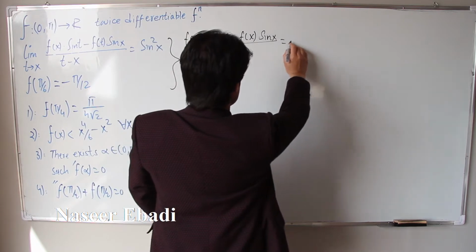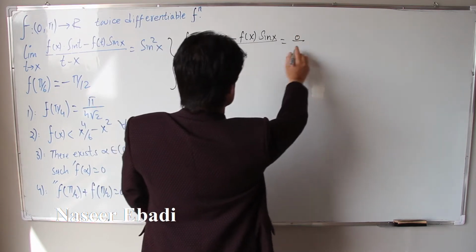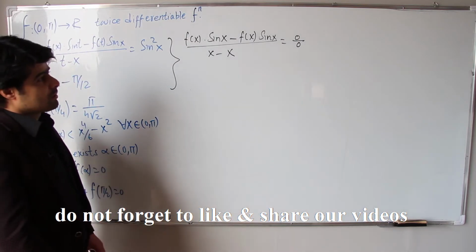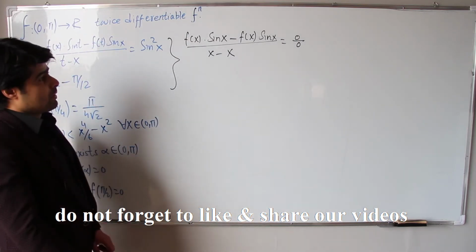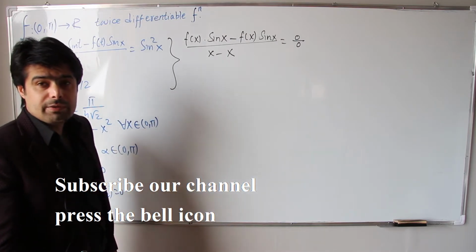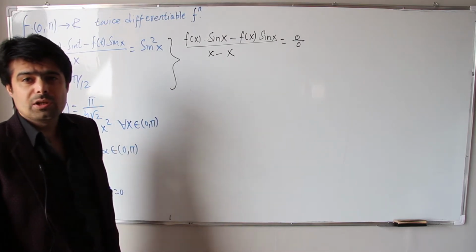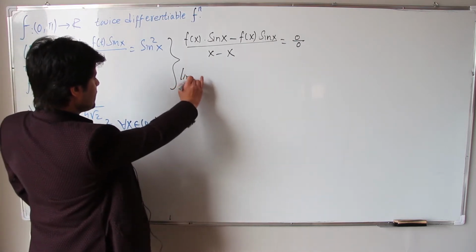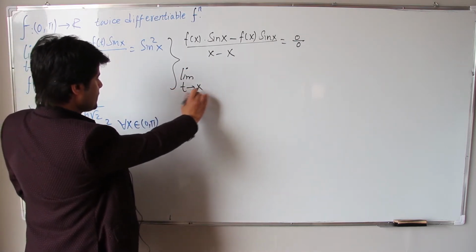I think the denominator is 0 and this one is also 0. Now how can we find the solution? We can find it by taking the derivative of the numerator and denominator, by L'Hopital's rule, as limit t approaches x.